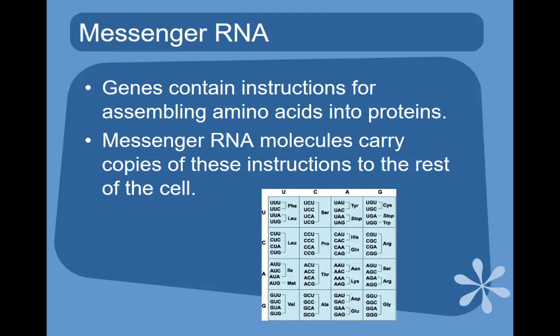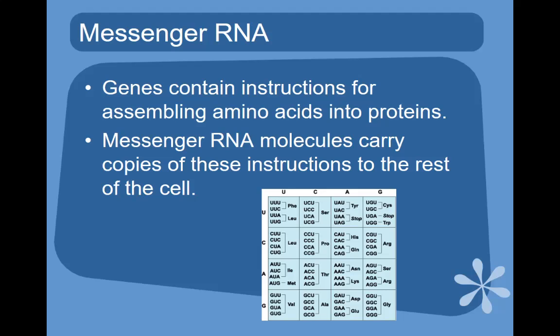And then we go ahead and edit that initial transcript by keeping the exons, expressed, and cutting out the introns. The messenger RNA then carries that set of instructions in its final form after it's been edited out through the nuclear pores to the ribosome where it's going to take place doing translation.